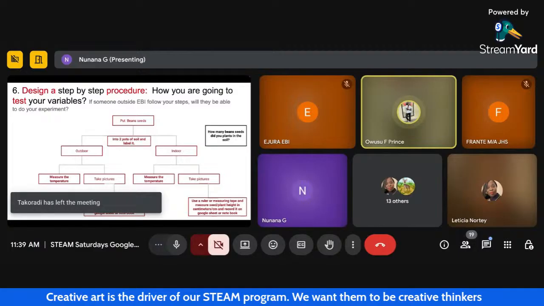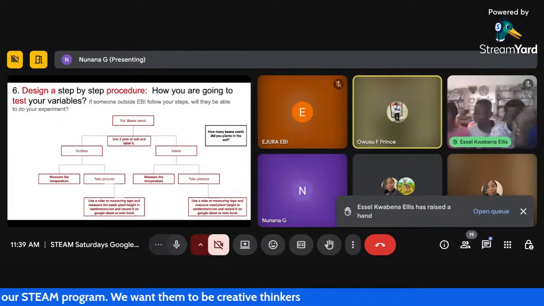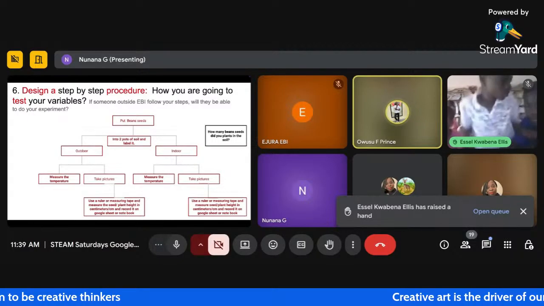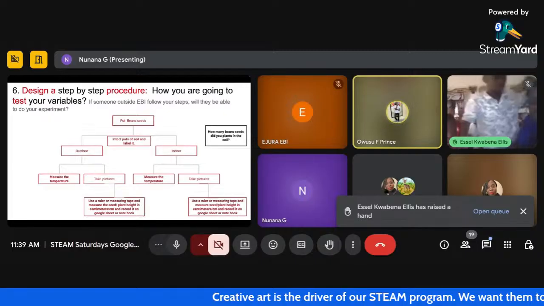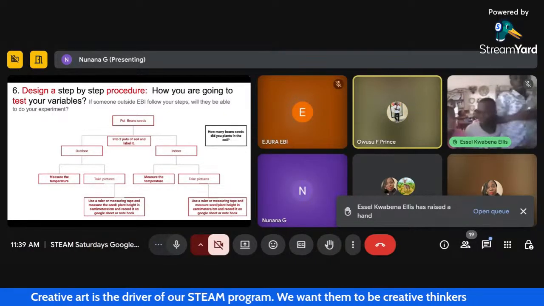So we want to see if we plant beans in sunlight, and then one in artificial light, which one will grow faster. We just want to experiment about that. So that's what you're doing.